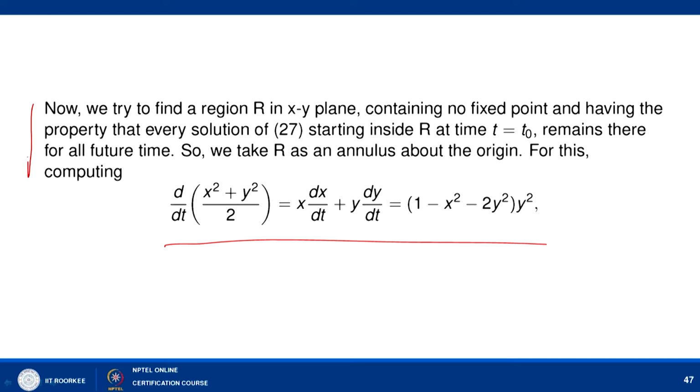To find the region R where your solution will always remain, it is always advisable to find dr by dt. By looking at this, we can conclude whether in region R your solution will remain there or not.